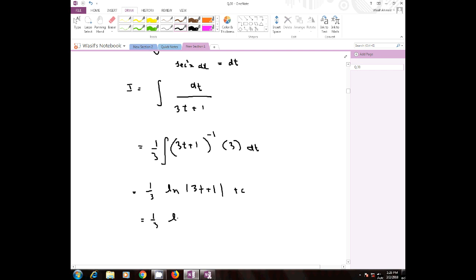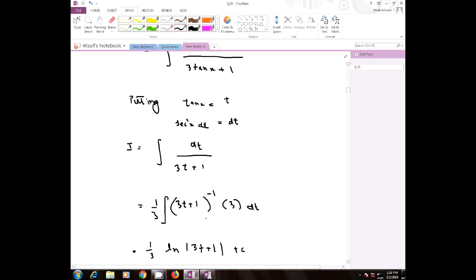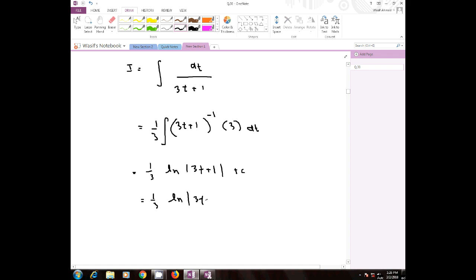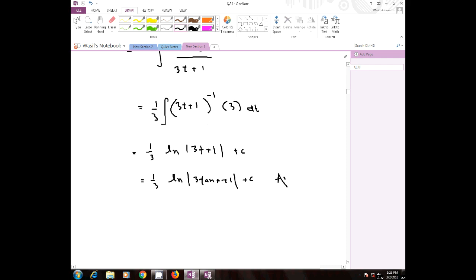So 1 by 3 natural log of the absolute value of 3 tan x plus 1, plus the constant of integration. So this is the answer. Very simple question it was.